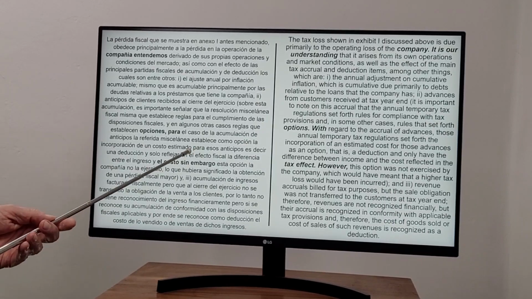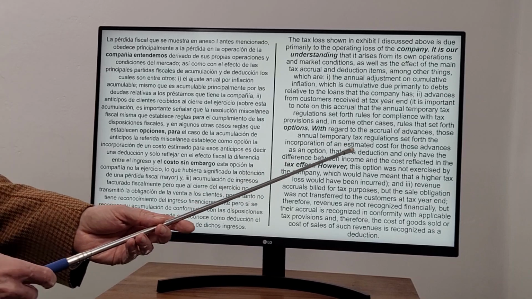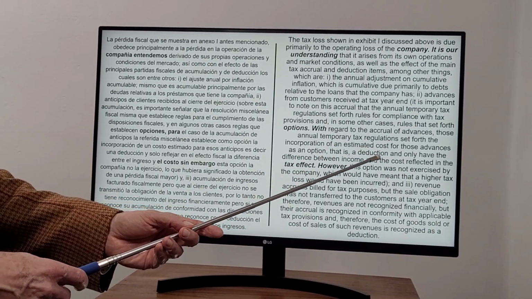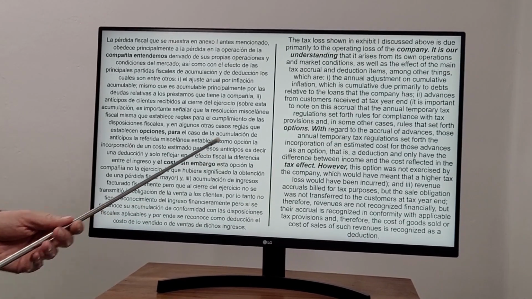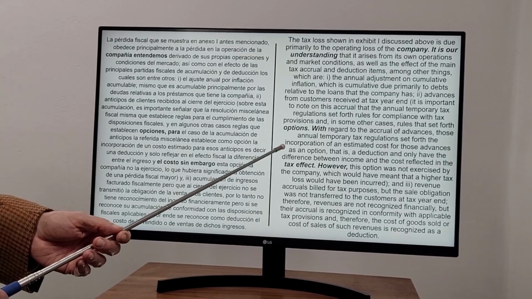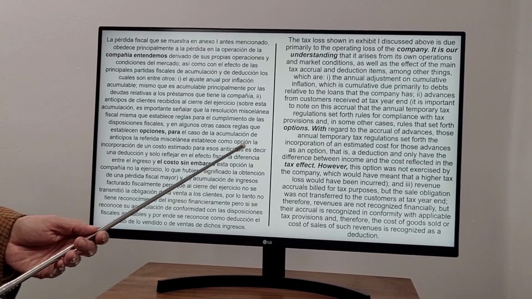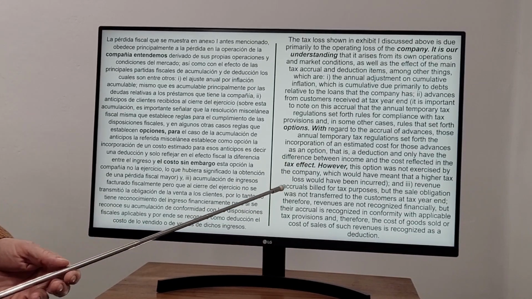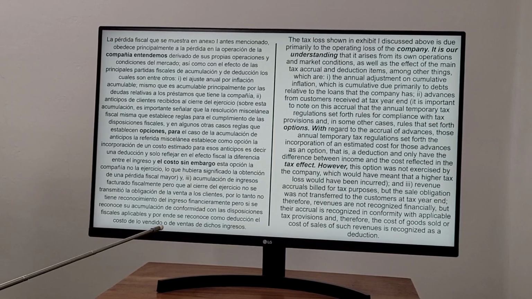So I'm going to skip over como opción. So it sets forth the incorporation of an estimated cost for those advances as an option. So we go back and pick up como opción as an option. And then in Spanish it has es decir, with no punctuation. We translate that as that is, and we put in the punctuation, a comma before and a comma afterwards. And we continue.